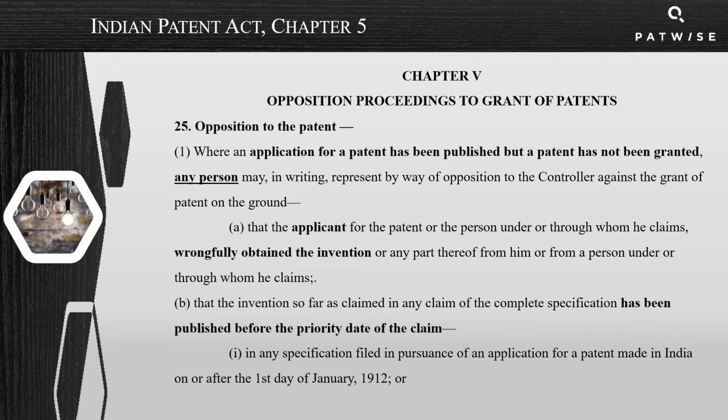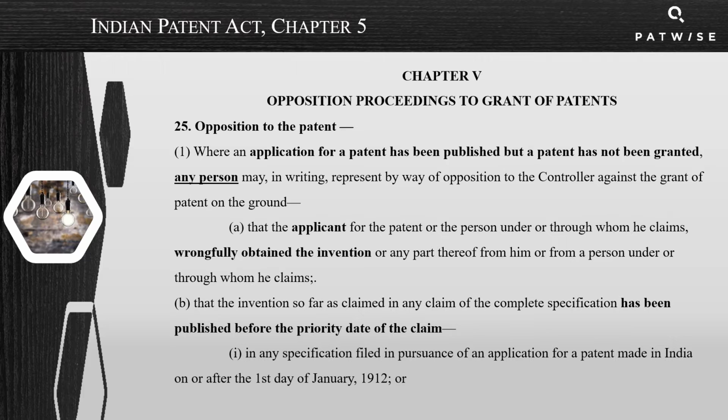So the major difference is that Section 25(1), a pre-grant opposition, is before the grant of patent, and 25(2), a post-grant opposition, is within 1 year after the grant of patent. And the second important difference is that 25(1) prescribes that any person can file for a pre-grant opposition, whereas 25(2) prescribes that only an interested person can file for a post-grant opposition.